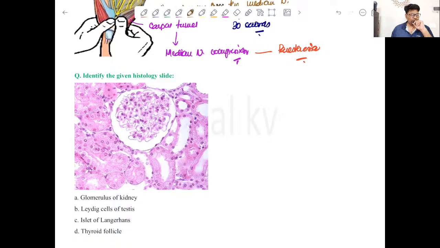Yes, what we can see here. Anyone? Okay, let me explain the picture first, and I think then it will be very easy for you to answer, right?